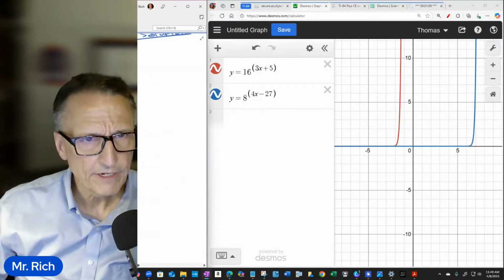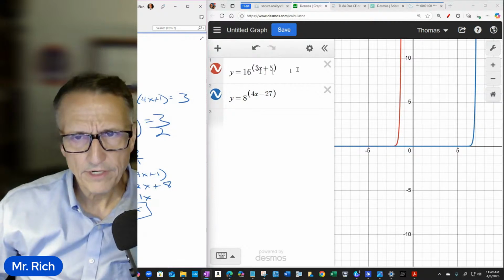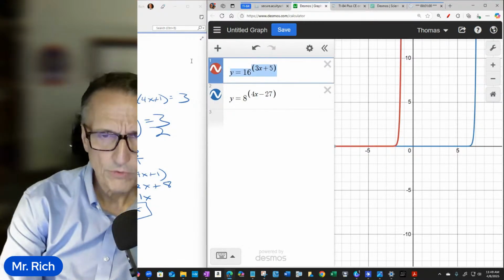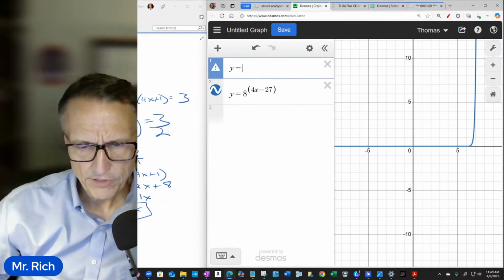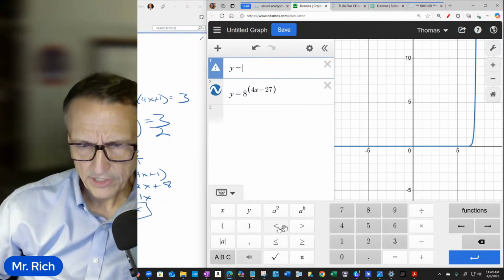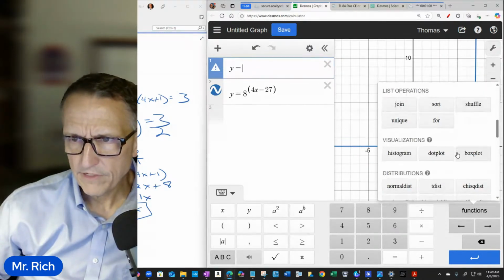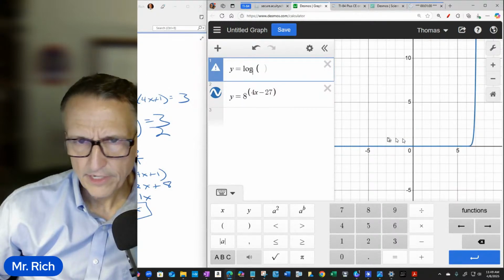If we take a graphing approach to this other one that we did, let's just see what would happen here. What I would do is graph the left-hand side of this equation. Now this is a log base 2, so in Desmos, I actually need to go into the functions command, and I believe this is in the calculus section.